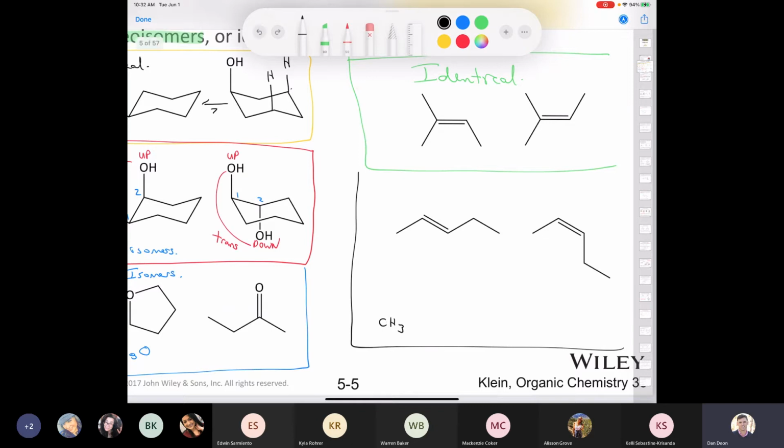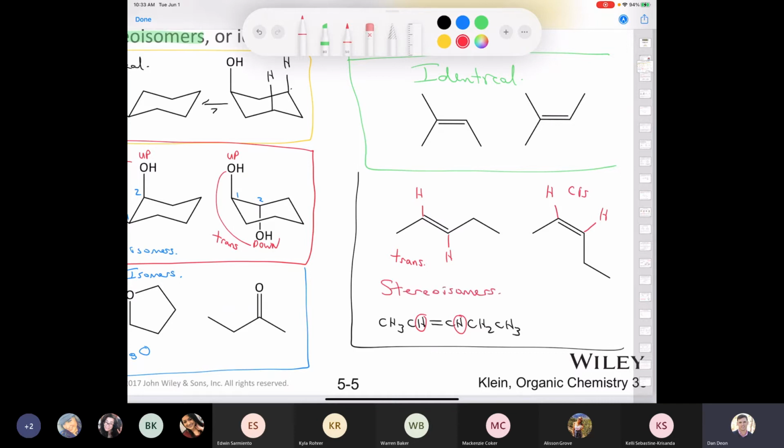They both go CH3, CH, double bond, CH, CH2, CH3, right? They both have the same connectivity, but is the arrangement of the atoms in space the same? If I look at the two hydrogens here, these are trans to each other, right? And I'm talking about these two hydrogens, but these two hydrogens in this molecule are cis to one another. So these two are in fact stereoisomers.